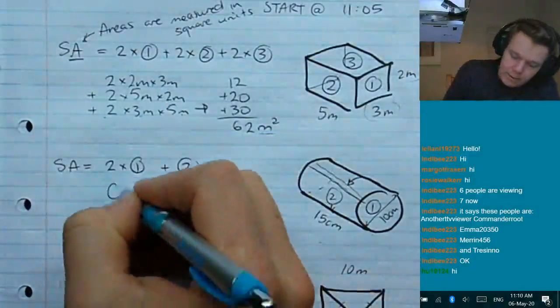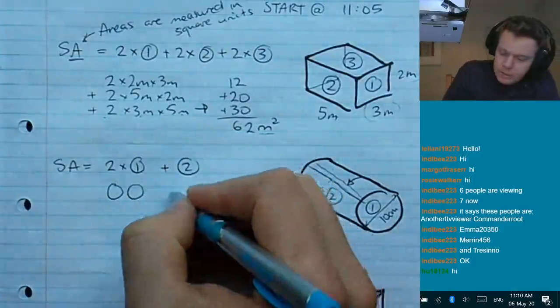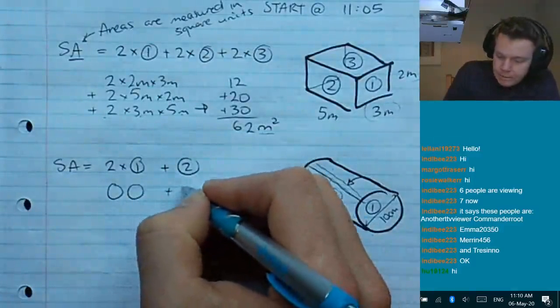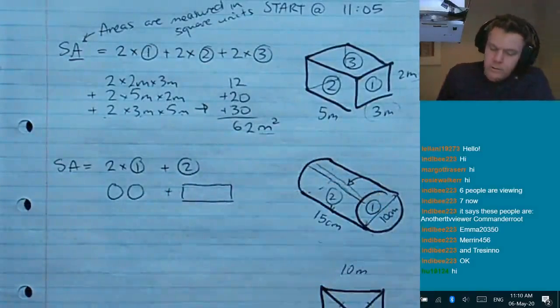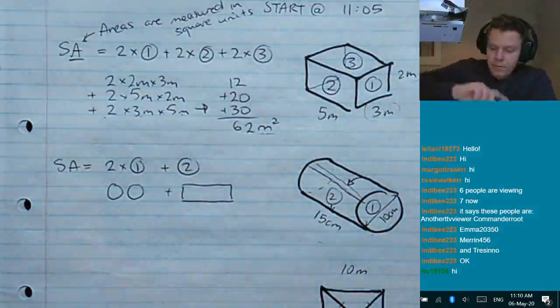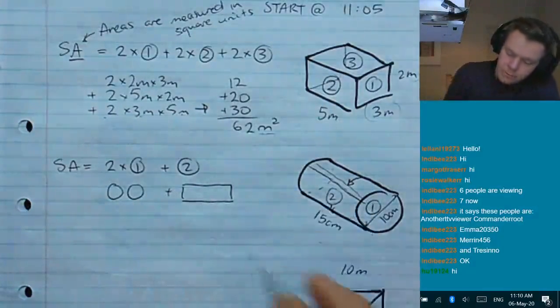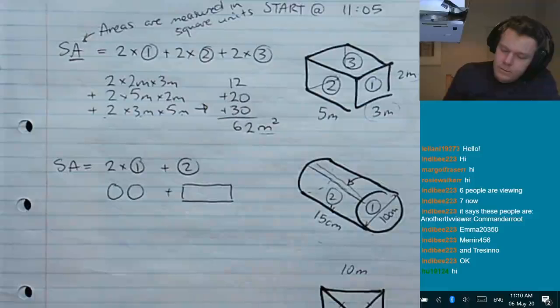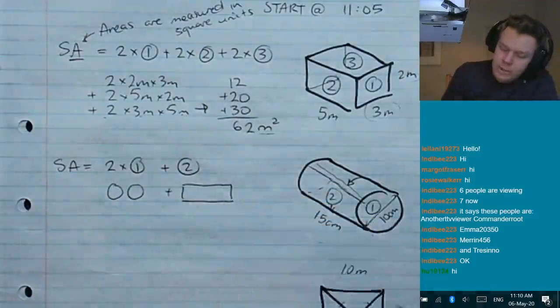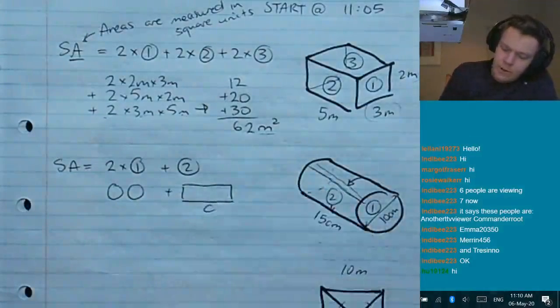Another thing you could do is draw a little picture. That is going to be 2 circles plus a really long rectangle that gets wrapped around. If you draw a little picture, you can think about what you need to work out.